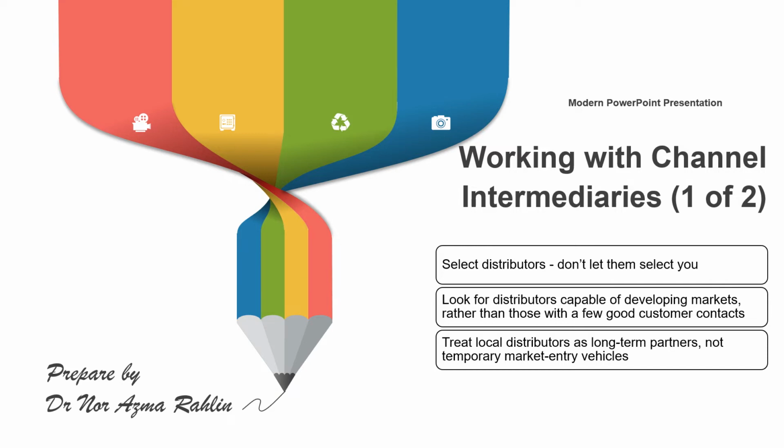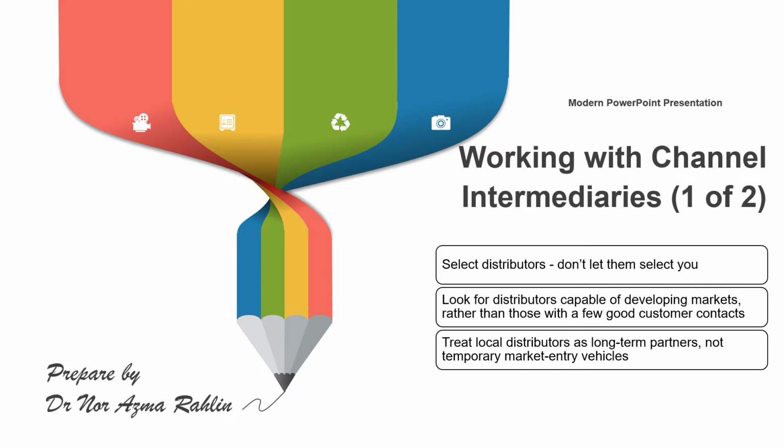This is because intermediaries are external groups, individuals, or businesses that make it possible for companies to deliver their products to the end user. For example, merchants are intermediaries that buy and resell products.